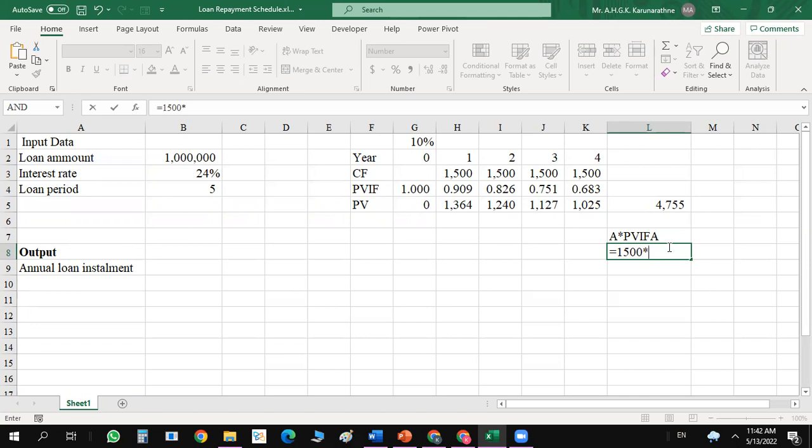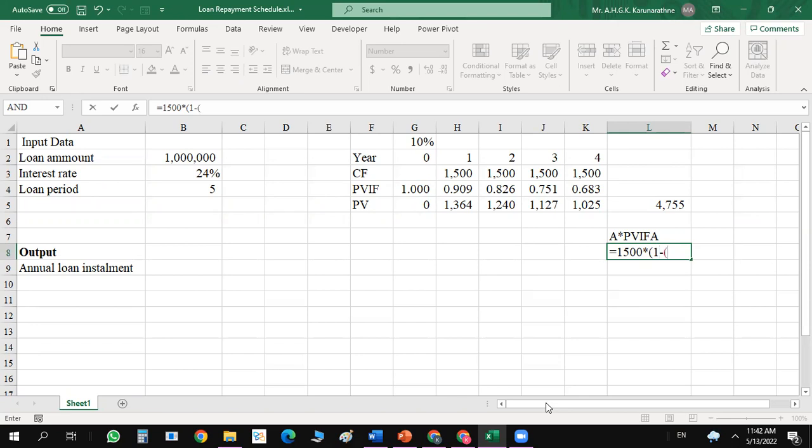The annuity is 1,500. You can read the present value interest factor annuity from the finance table, or you can use the formula. Can anyone tell me the formula for the interest factor annuity? It is 1 minus 1 over (1 plus R) to the power n, the whole divided by R.